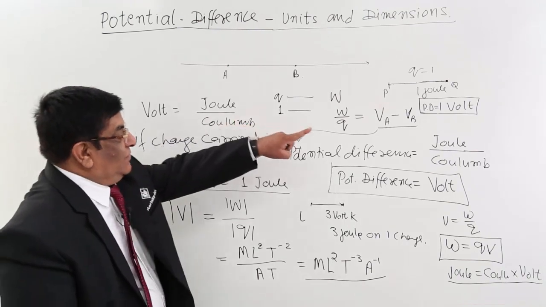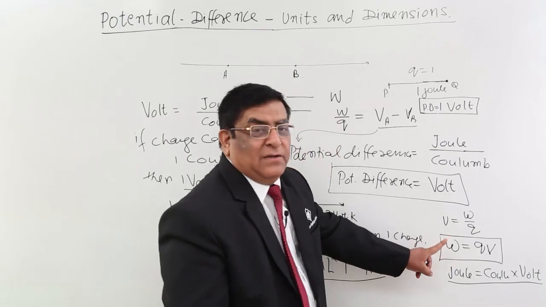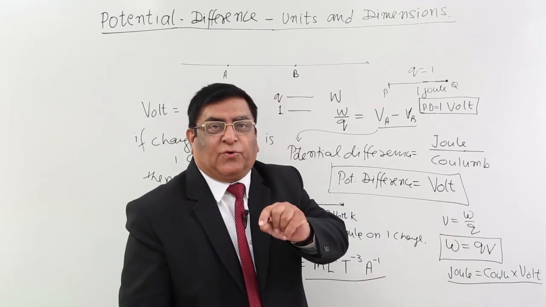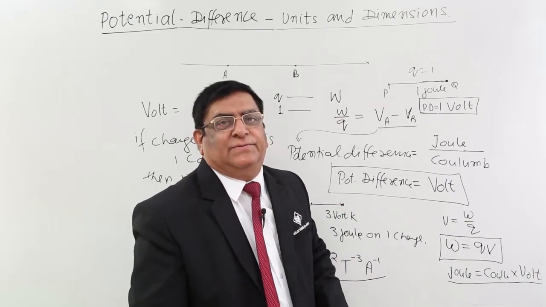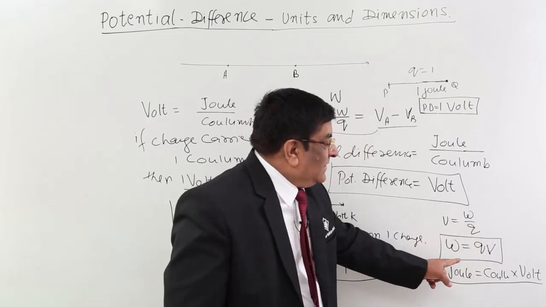So this is the unit, this is the potential, and this is the fundamental basic formula, and on the basis of this formula you will be solving many numericals. So we have started making formulas of potential difference.